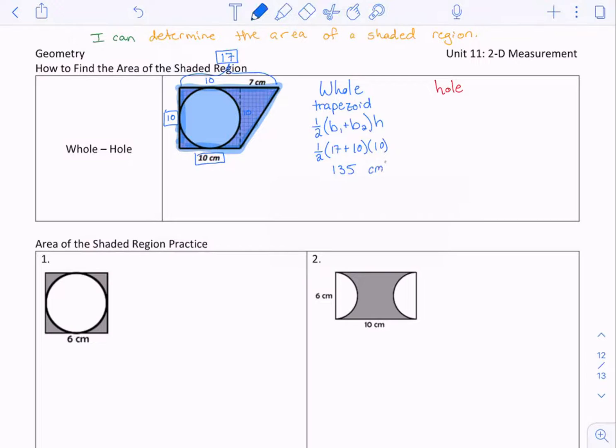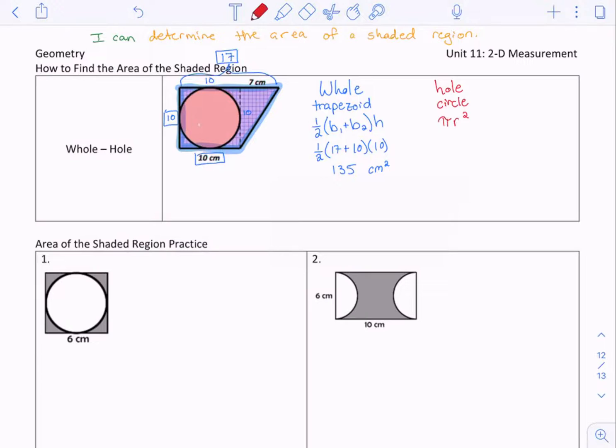Now if we want to get just the region that was shaded originally, I need to get rid of this circle to get what was left. So if I get rid of this circle, I'm left with this purple area. So our goal is to find out what the area of the whole is, and the hole is the shape of a circle, and we have to subtract them. So a circle is pi r squared.